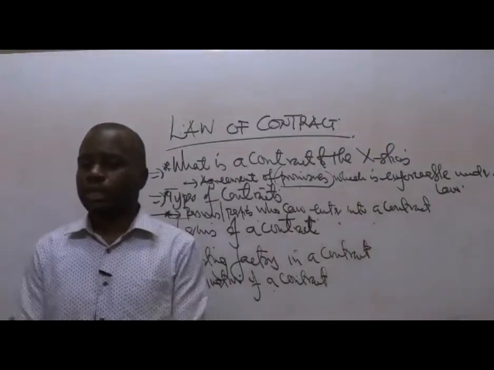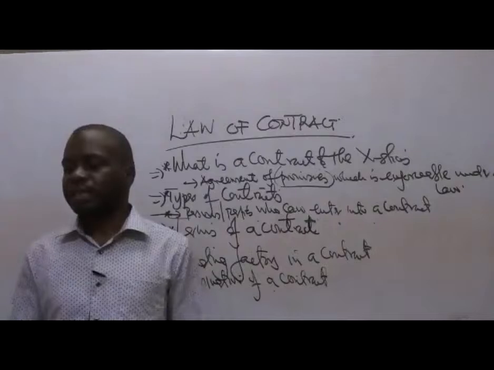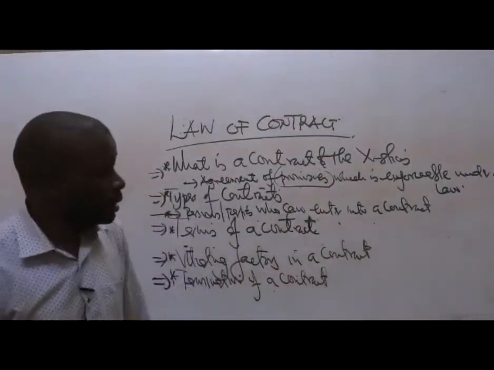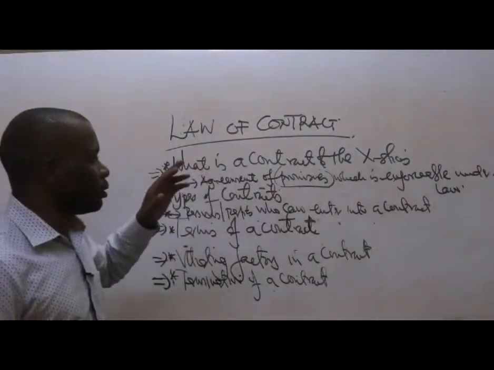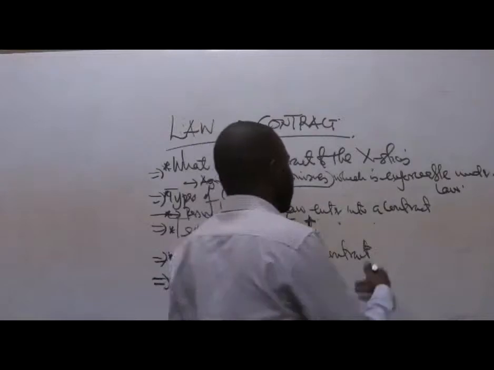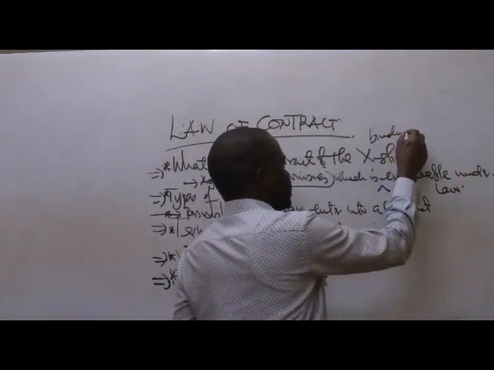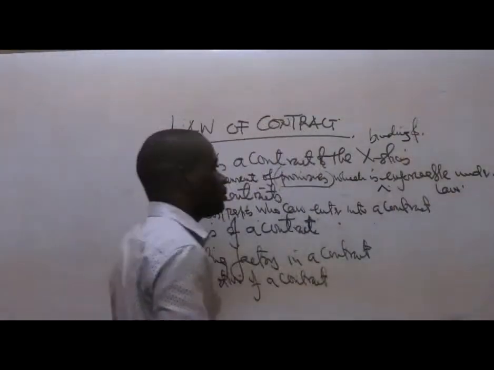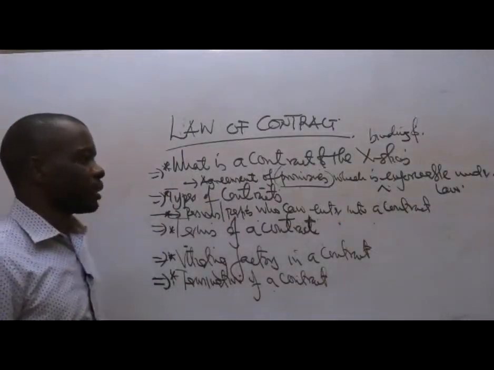Failure to which you as a student can take certain actions against me as the teacher. So it is usually binding. We normally say it is an agreement of promises which is binding and enforceable under the law. It is binding between me and you as persons.